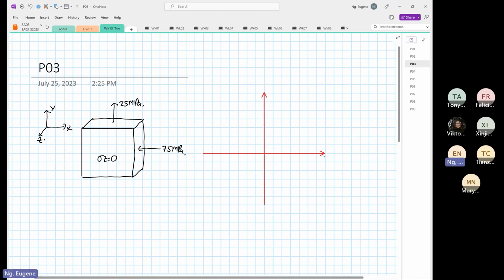Okay, so this is our normal stress, shear stress, okay? So this is 50. I'm going to draw 25, 50, 75. I'm going to move this to get 100, so I can draw the box.